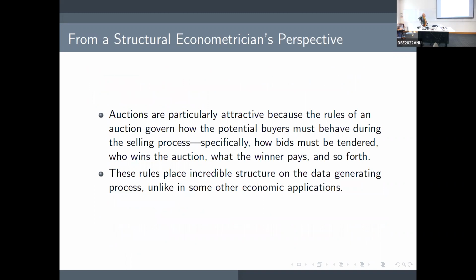So, as I mentioned, auctions will give you a very tight mapping between the behavior of bidders and what it is you're trying to look at. If you think about what happens in, say, labor, first of all, the data are often plagued by measurement error.